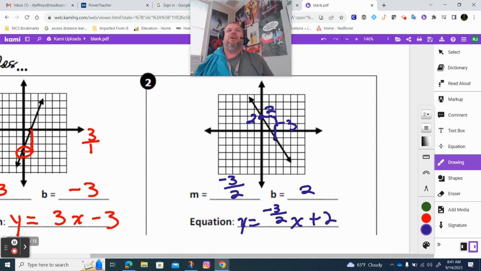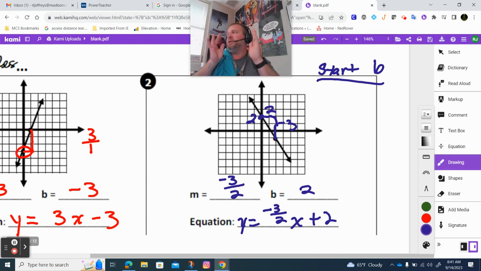Now, if you're confused about which point to start with, I would always start with the B. Look for the y-intercept. It goes up and down. It's kind of like right in your face. And a skill that y'all have as teenagers is pointing out the obvious.